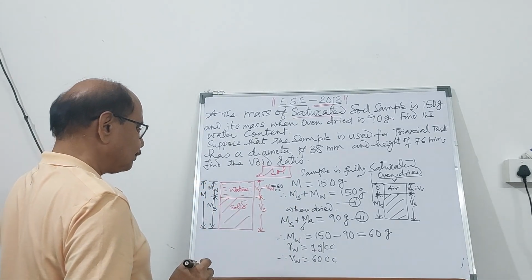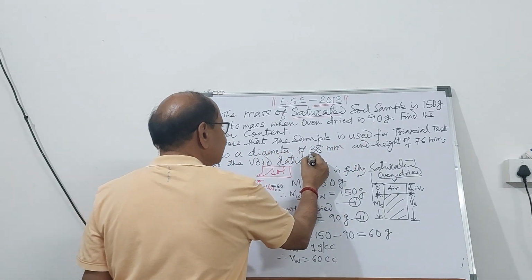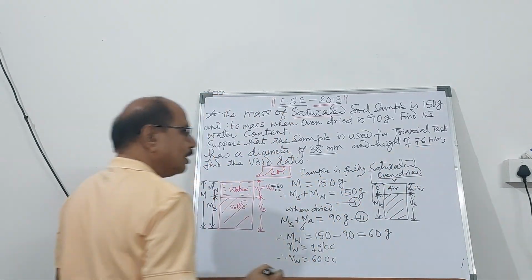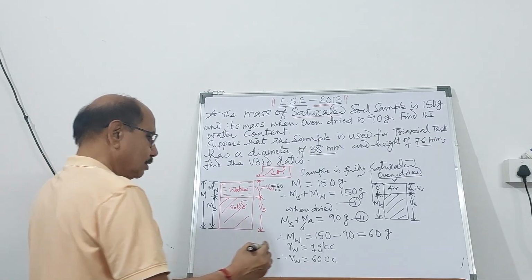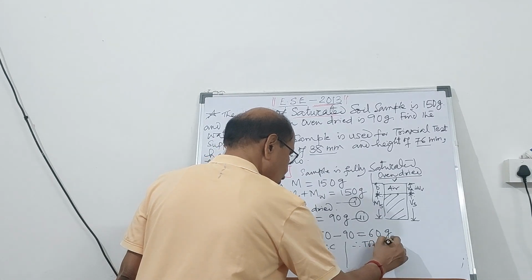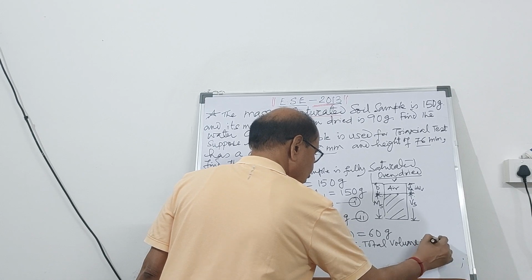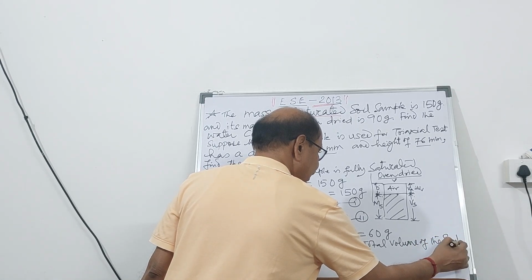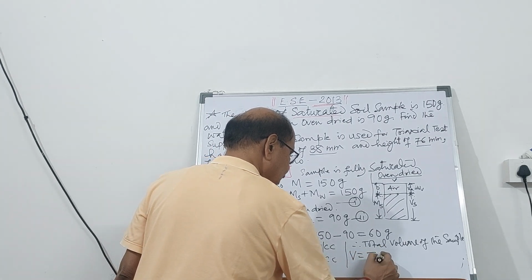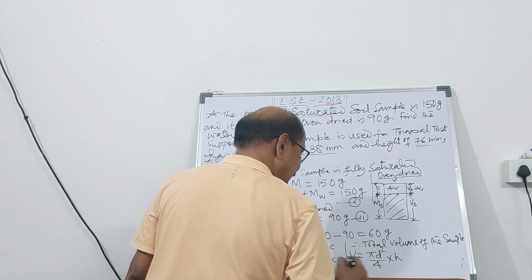And the total volume, because the sample is used for triaxial and the diameter is 3.8 centimeter and height is 7.6 centimeter. Therefore, the total volume of the sample can be calculated as V equal to pi d square by 4 multiplied by the height.